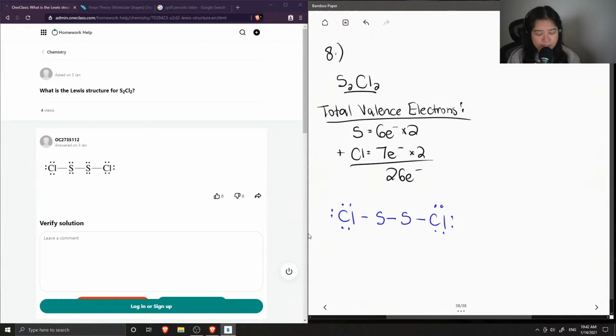Each bond contains 2 electrons, and we have 3 bonds, so that's 6, plus another 6 in the form of lone pairs on one chlorine, making it 12, plus another 6 from the second chlorine, so that's 18. So I need to write out 8 more electrons, and I'm just going to draw them in the form of lone pairs on my sulfur.